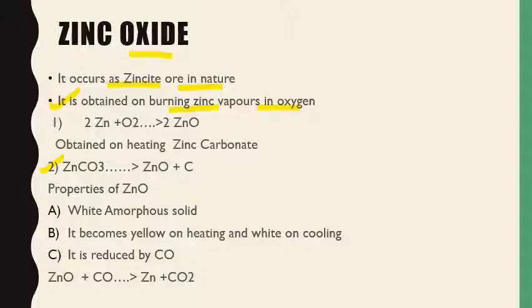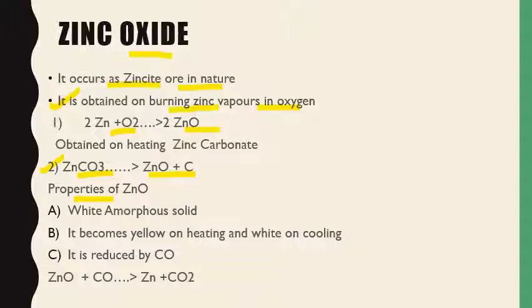So you can see here when the burning of the zinc vapors takes place in oxygen, it produces zinc oxide. It is also obtained on heating zinc carbonate. Understood? So here you can see zinc oxide is formed and carbon dioxide is also formed.